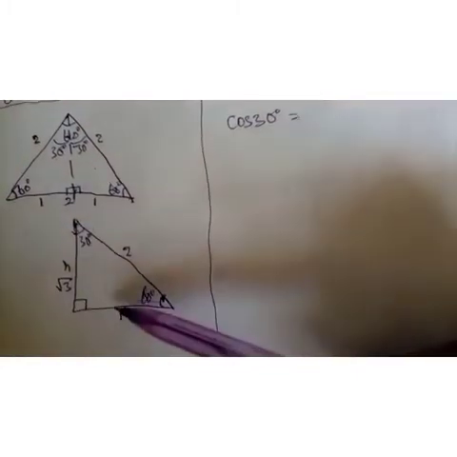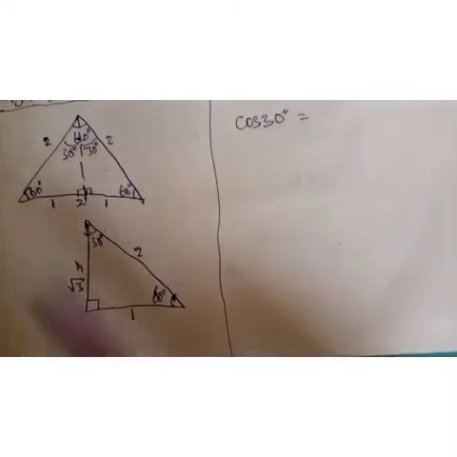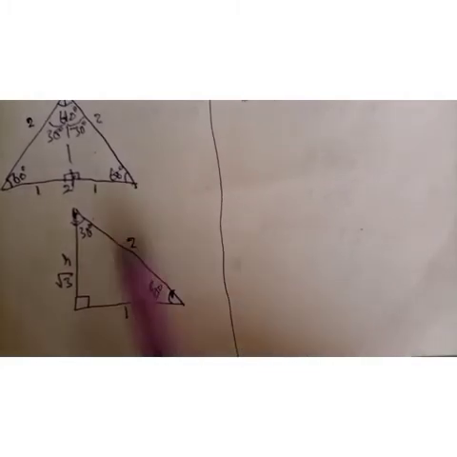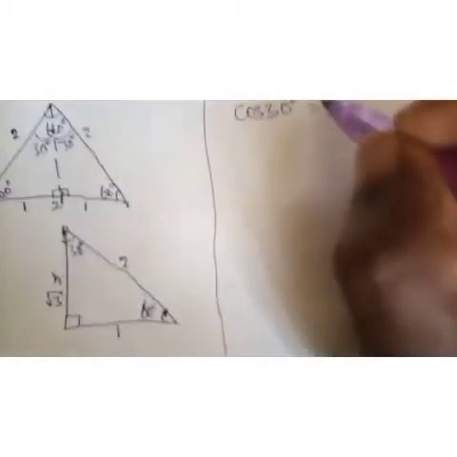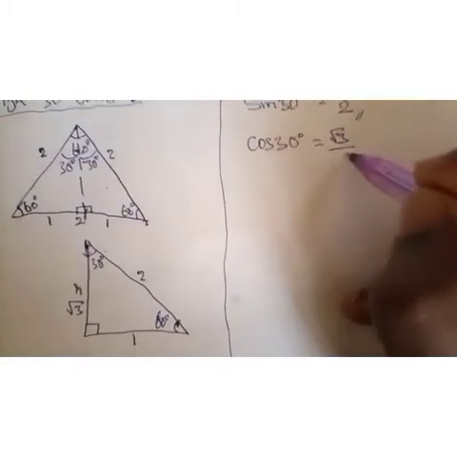Cos is adjacent over hypotenuse. We are dealing with the angle 30 degree, so our adjacent is root 3. The hypotenuse is 2. So here it will be root 3 all over 2.